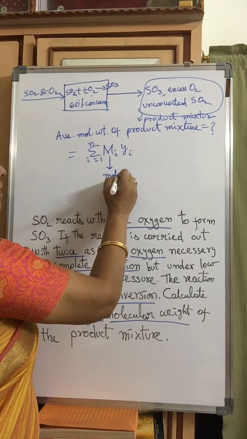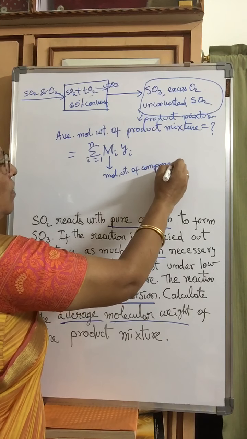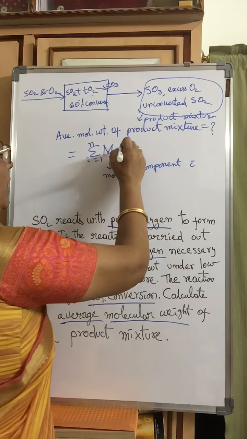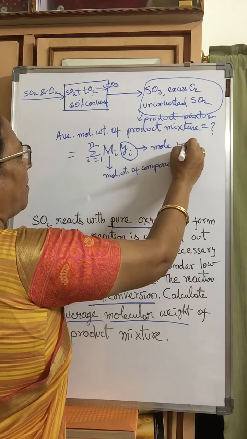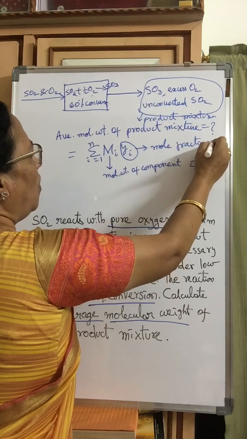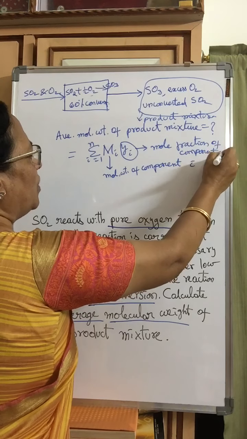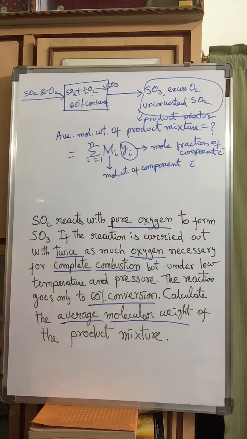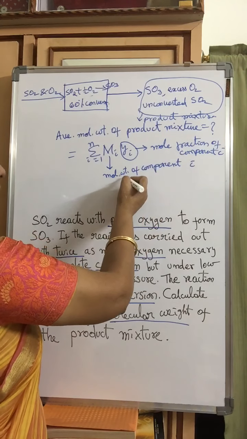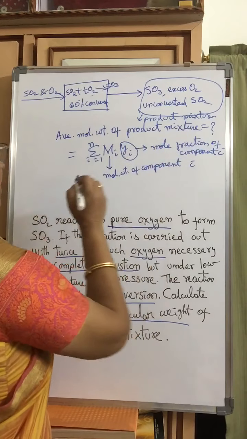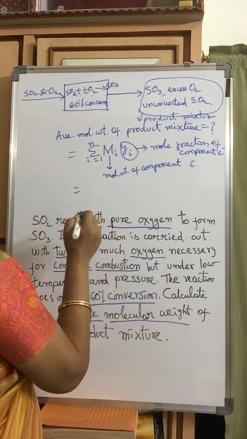We know the molecular weight of component i, and the mole fraction we need to find out. How many components are there here?